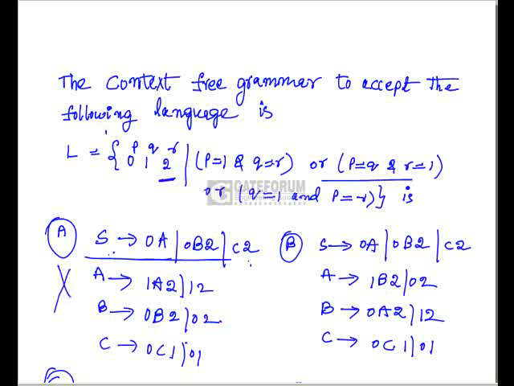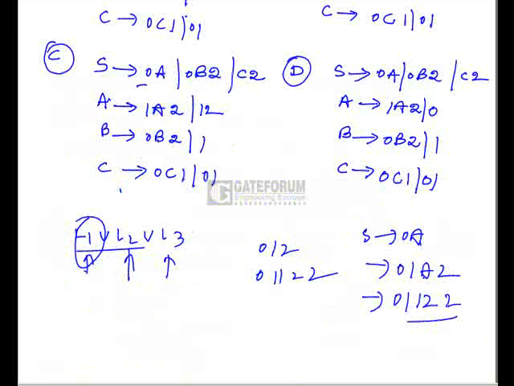Now if you take option B, here also more than one 2 is coming. This applies for all these combinations: P is equal to 1 and Q is equal to R, or P is equal to Q and R is equal to 1, or Q is equal to 1 and P is equal to R.